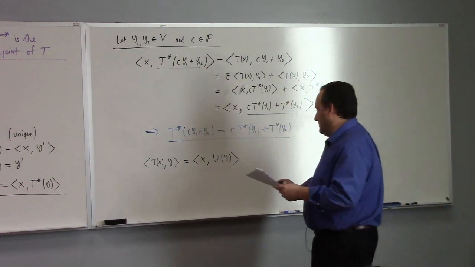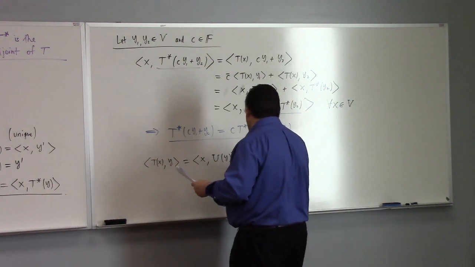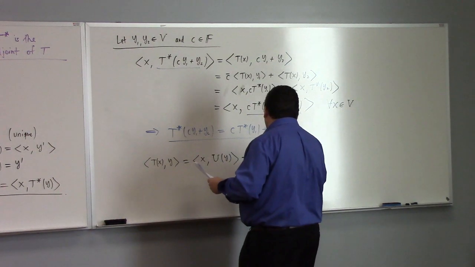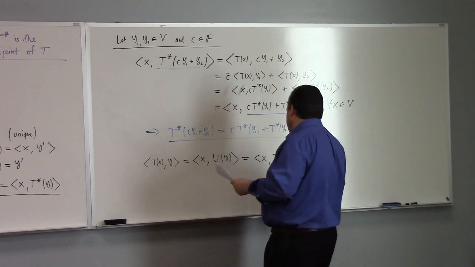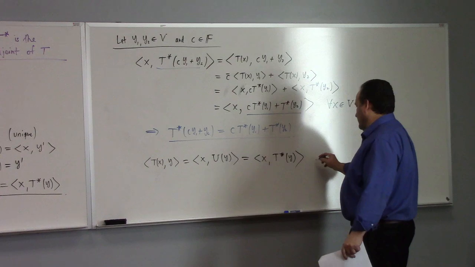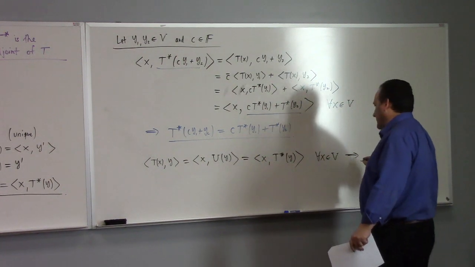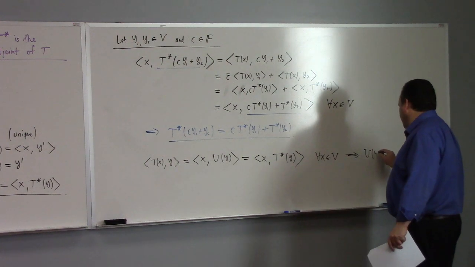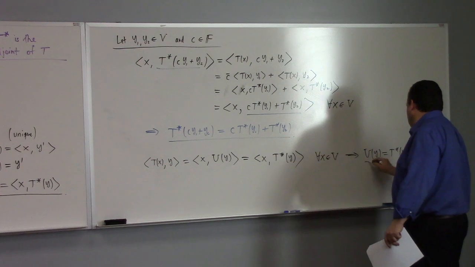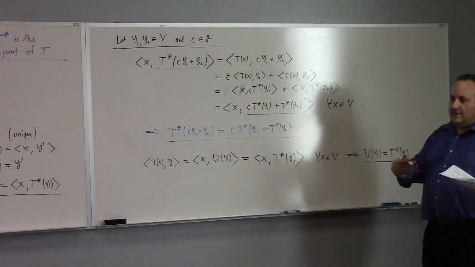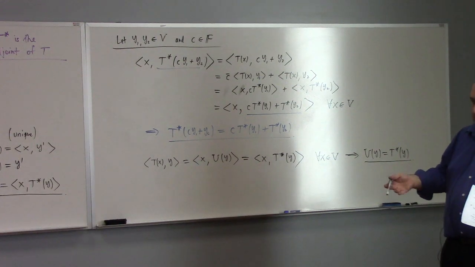So this would then be equal to, of course, x with T star y, right? And again, since this holds for all x in V, that would imply that U of y is equal to T star y, which proves that any adjoint that we define in the way that we did is necessarily unique.